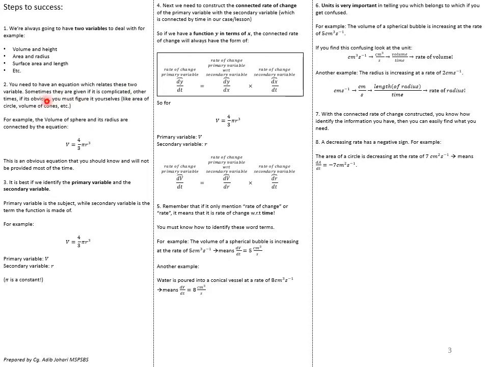If it's obvious, you have to figure it out yourselves, like area of circle, volume of cones, volume of sphere, surface area of a cuboid, etc. For example, the volume of a sphere and its radius are connected by the equation V equals 4 over 3 pi r cubed. You are expected to know this formula. Most of the time they will not give you this formula. This formula is what relates volume with its radius.